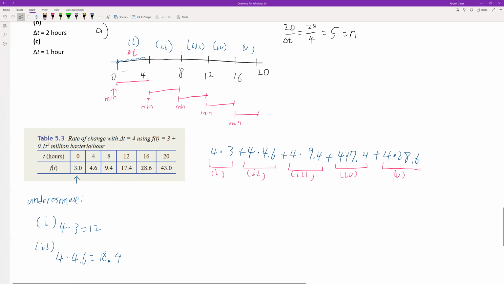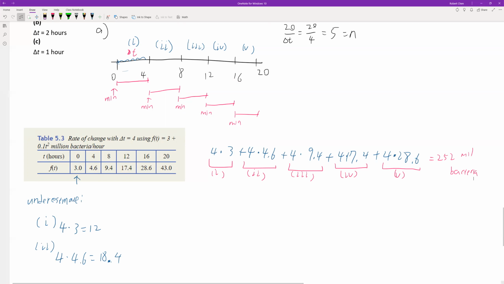That's a minimum value, so it has at least 28.6 between 16 and 20 hours. Multiply that by 4, and this will give us the underestimate. Multiply these and add everything together, and you get 252 million bacteria.